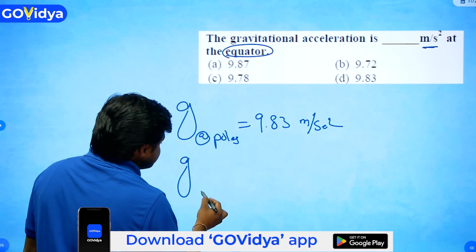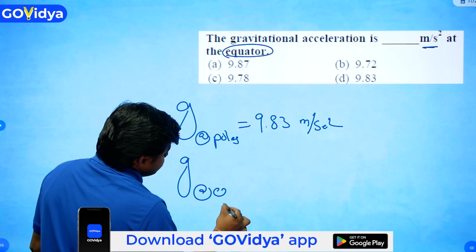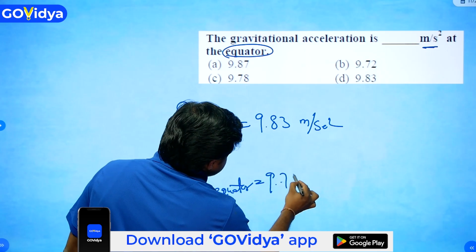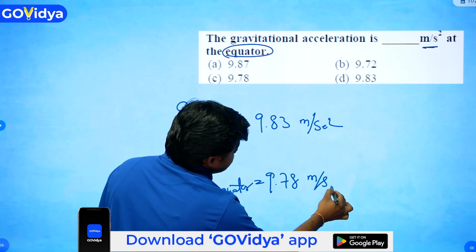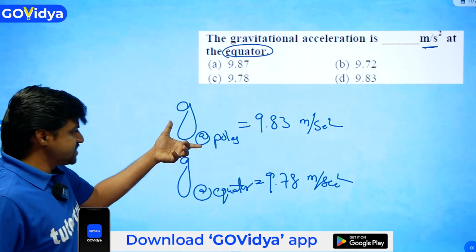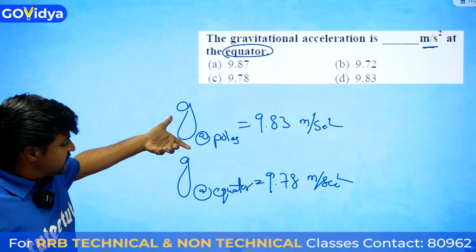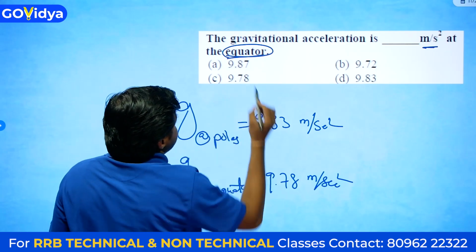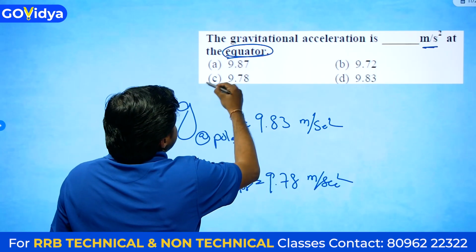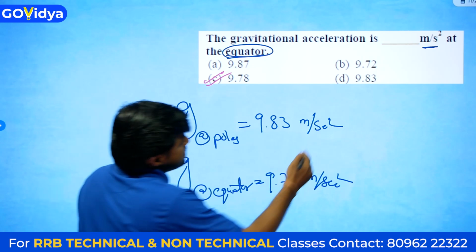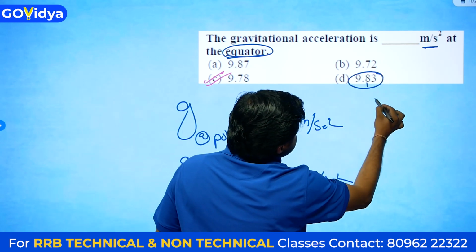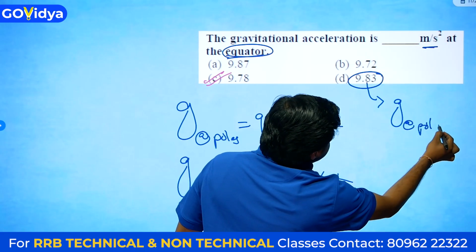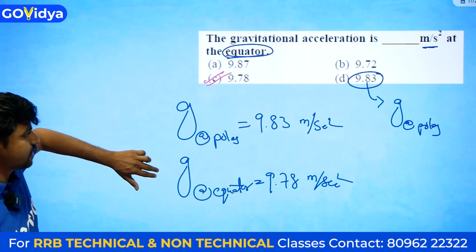Acceleration due to gravity at equator is equal to 9.78 meter per second square, okay. Acceleration due to gravity at poles is greater than acceleration due to gravity at equator, okay. They are asking at equator, 9.78 is the answer. Here equator means option C is the correct answer.